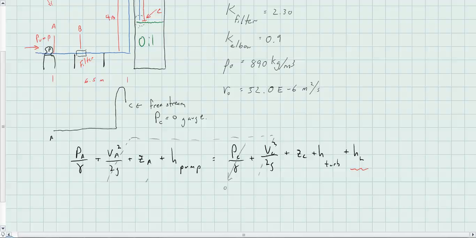There is an elevation difference. There's no turbine, so this goes to 0. And you're given a pressure, PA.